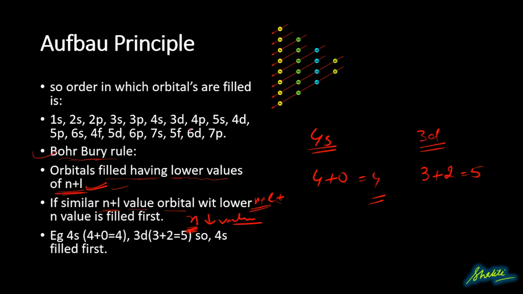Now if we take 5s and 4d, which one will be filled first? 5 plus 0 is 5, 4 plus 2 is 6. Obviously 5s will be filled first. So this is the order in which orbitals are filled, and we have to follow it.